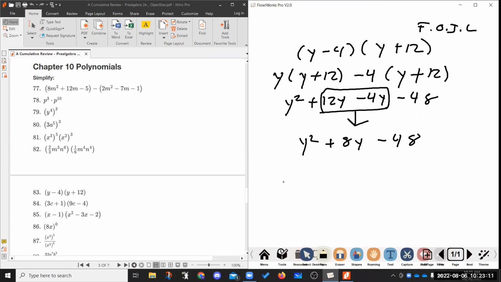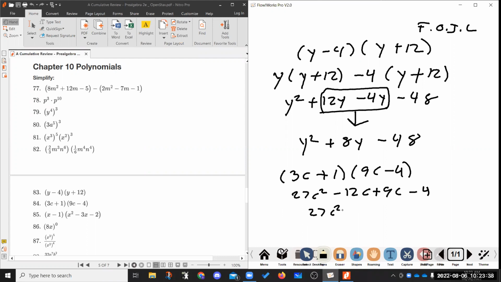Let's try the FOIL method here with 3c plus 1 times 9c minus 4. So when we FOIL, we get 3 times 9 is 27, c squared. 3c times negative 4 is negative 12c. 1 times 9 is going to be 9c. 1 times negative 4 is negative 4.